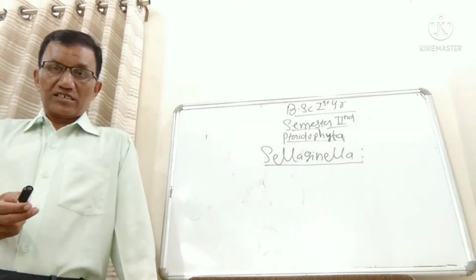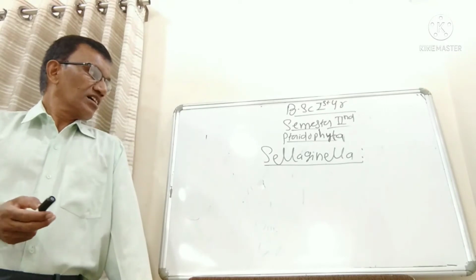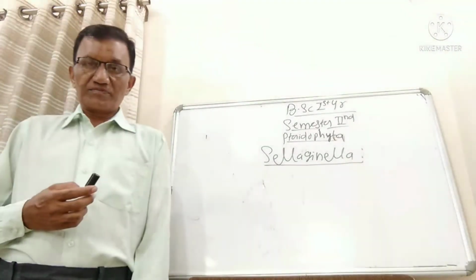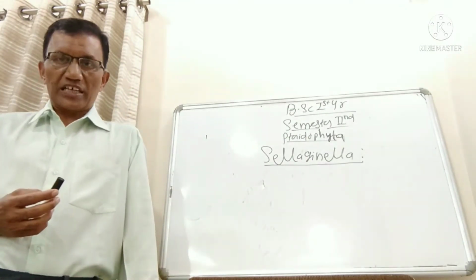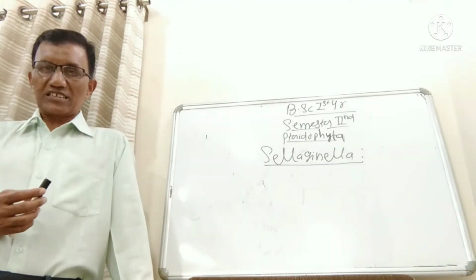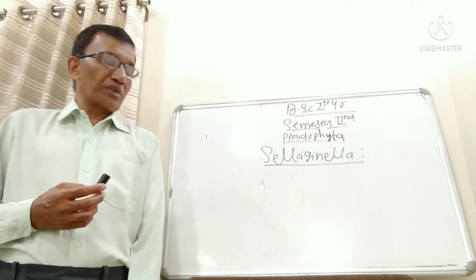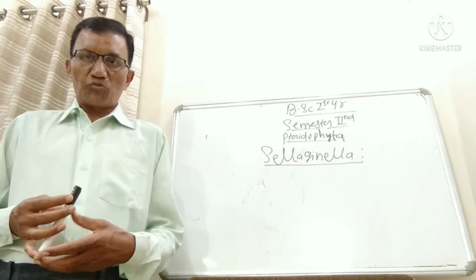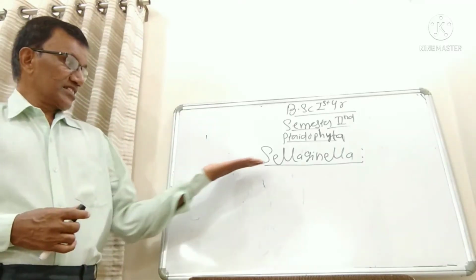In India, the eastern and western Himalayan regions have many species of Selaginella. For example, in Maharashtra, Mahabaleshwar and Ratnagiri, most of the areas are covered with it. It prefers to grow in tropical moist areas.